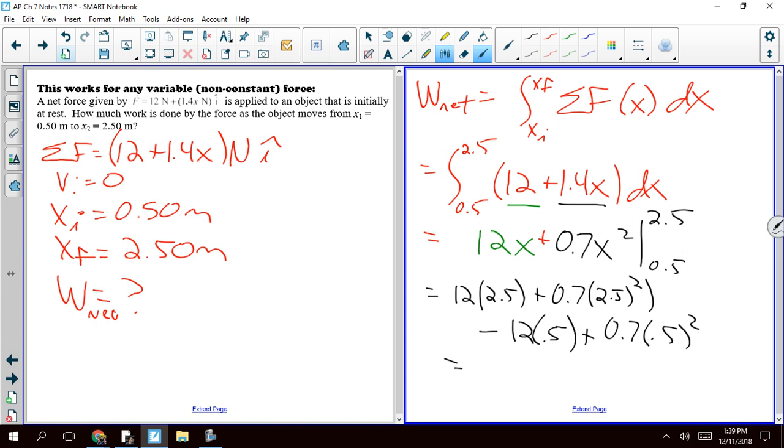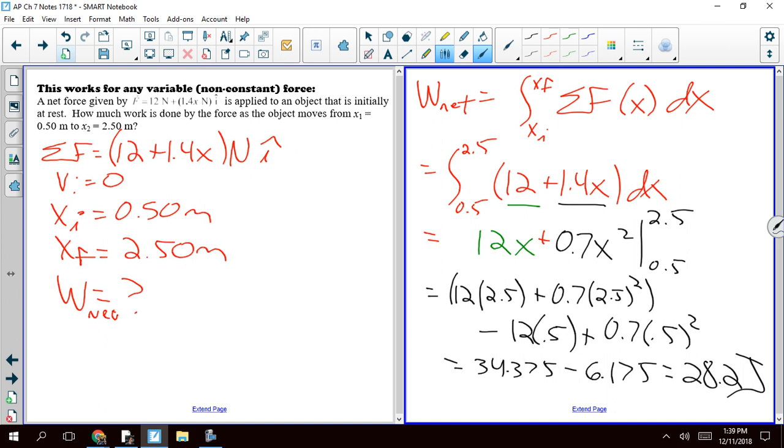You end up getting 34.375 for the top part, minus 6.175 for the bottom part, and it gives you 28.2 joules. So that is how you can calculate the work done by any force, as long as you know what the force is as a function of position.